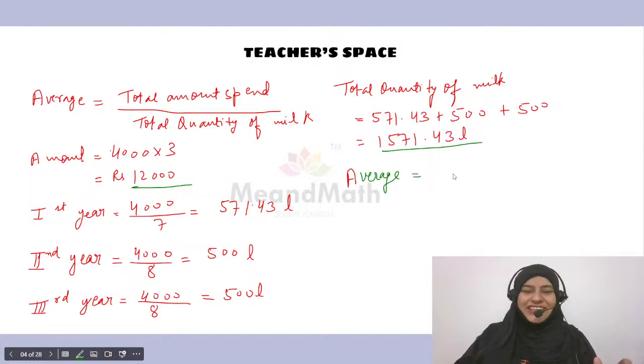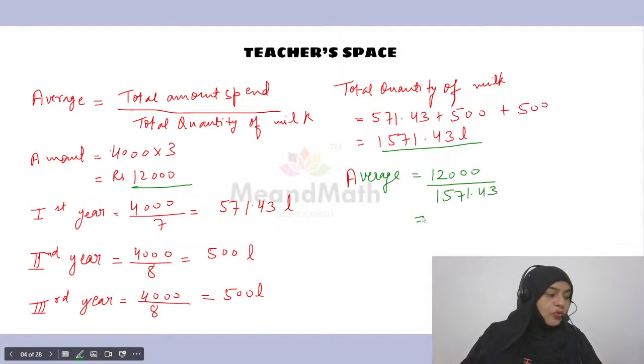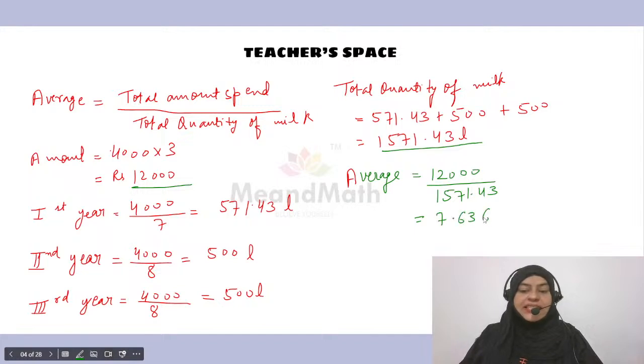So let's divide it. 12,000 divided by 1,571.43. When you divide it, it comes out to be 7.636.